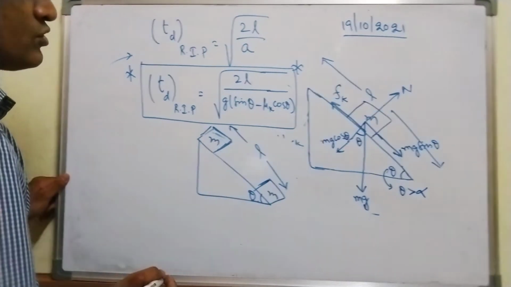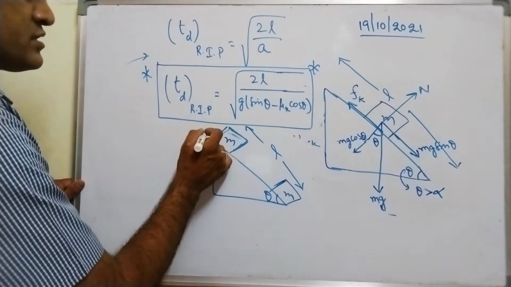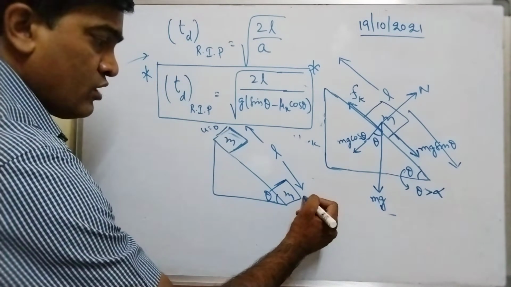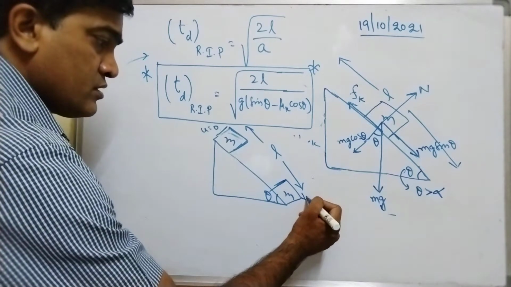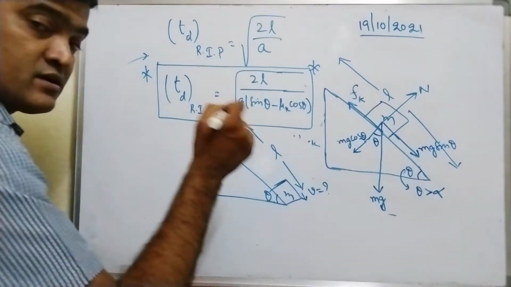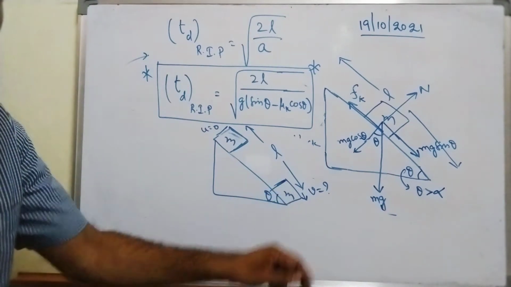Here, initially the block is at rest, so u is equal to 0. What is the velocity the block acquires when it reaches the bottom?